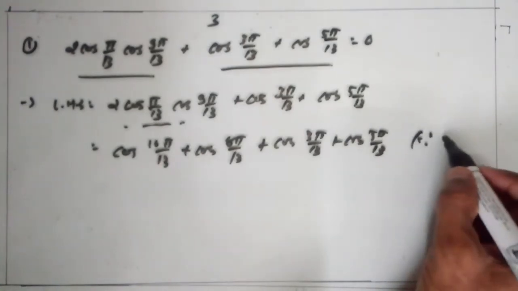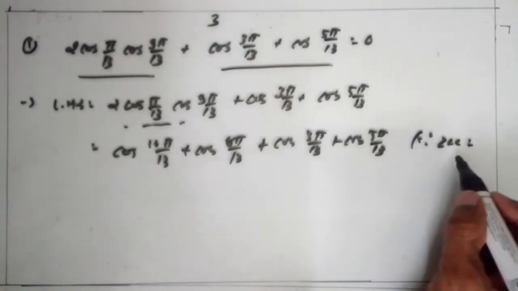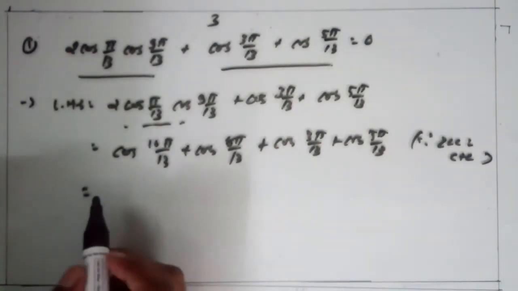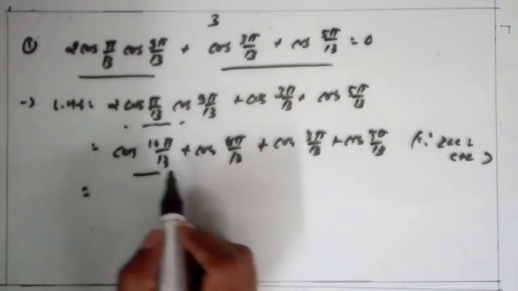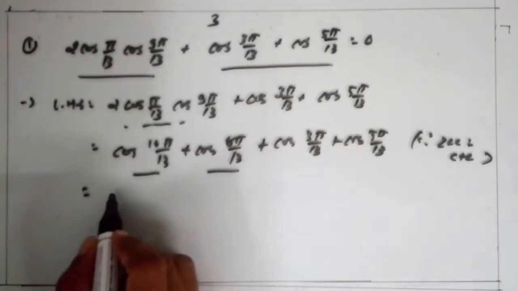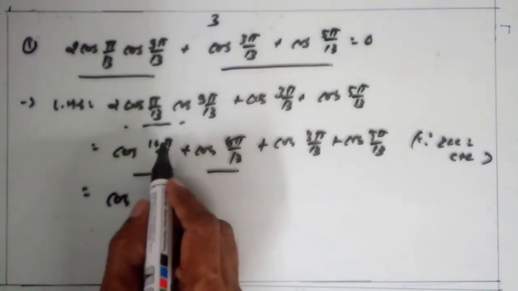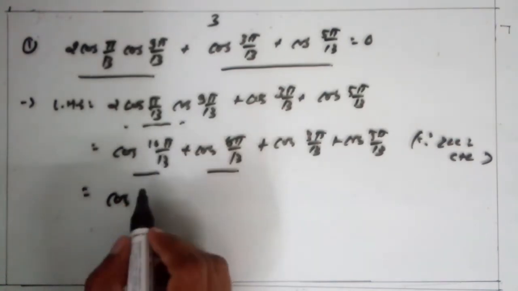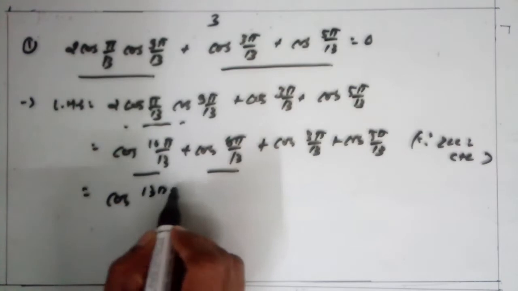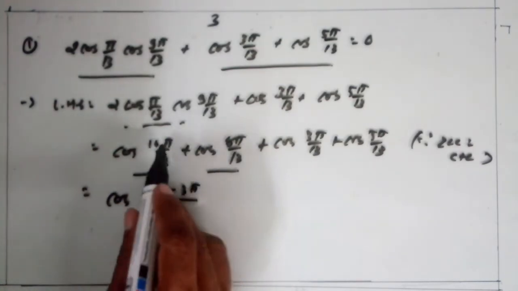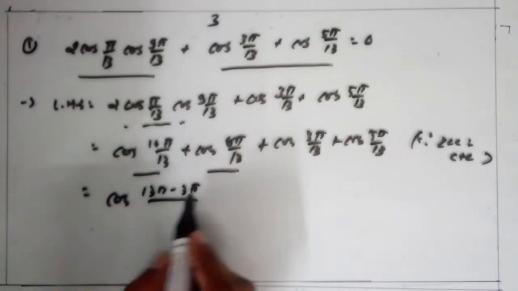Here we apply the formula 2 cos C cos D equals cos(C+D) plus cos(C−D). Clear? Now change this into reducing form, 10π/13 and 8π/13. Change cos 10π into the nearest multiple of 13: 10π is equal to 13π minus 3π, so 10π/13 is equal to (13π − 3π)/13.